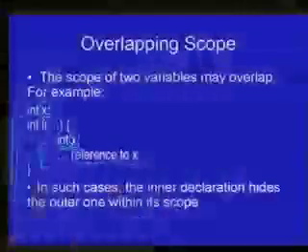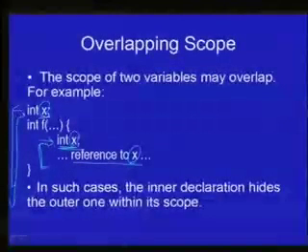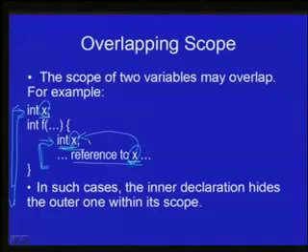So, in this particular example, here is the reference to x. This is one candidate declaration and this is the other candidate declaration. This declaration is closer to this use of x, and so therefore, this reference to x really means this x and not this x. So, essentially the inner declaration hides the outer declaration within the scope of the inner declaration.